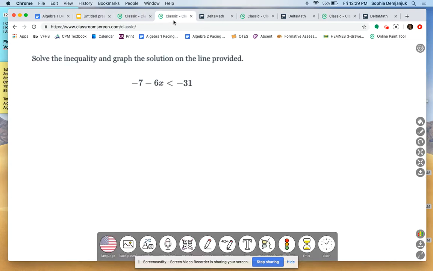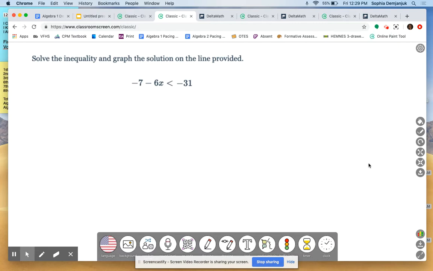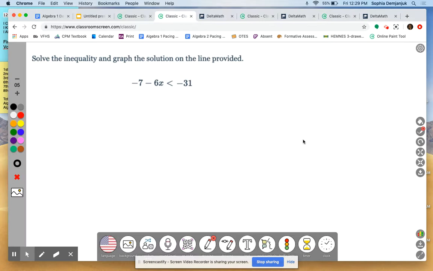So let's look at this first one. For the first example, we're going to rewrite our inequality. So we have -7 minus 6x is less than -31. We're trying to get x all by itself every single time, and we're going to keep it on the left side.